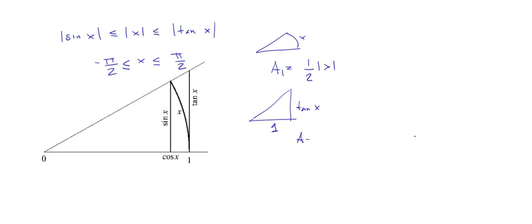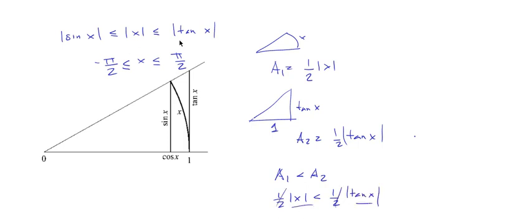So the area of this triangle is 1/2 times the height, the absolute value. And it's obvious that area 1 is smaller than area 2, right? So that means that 1/2 of the absolute value of x is smaller than 1/2 of the tangent of x. So we cancel each other out, and then we have this inequality, which is what we wanted, okay?